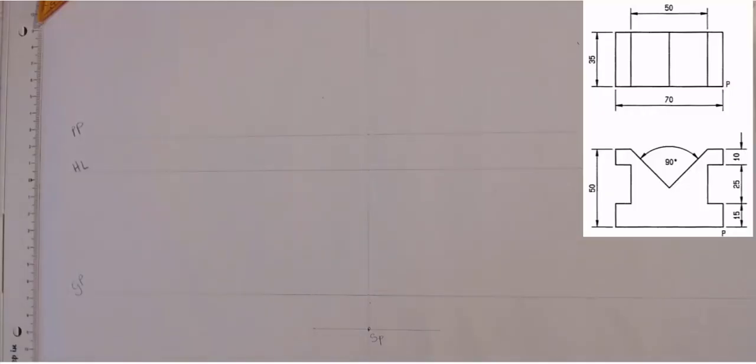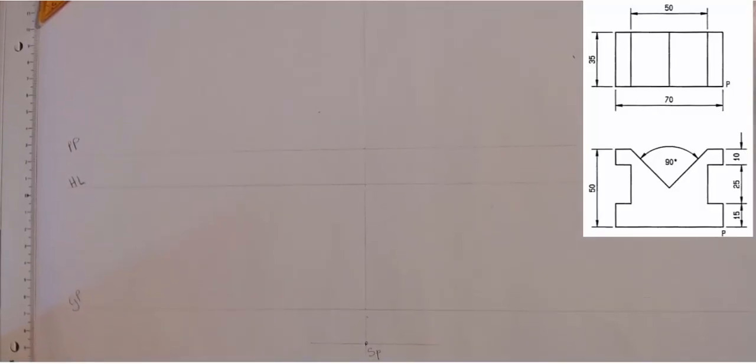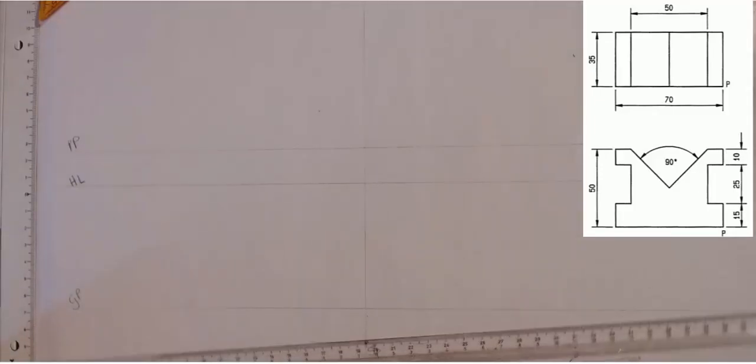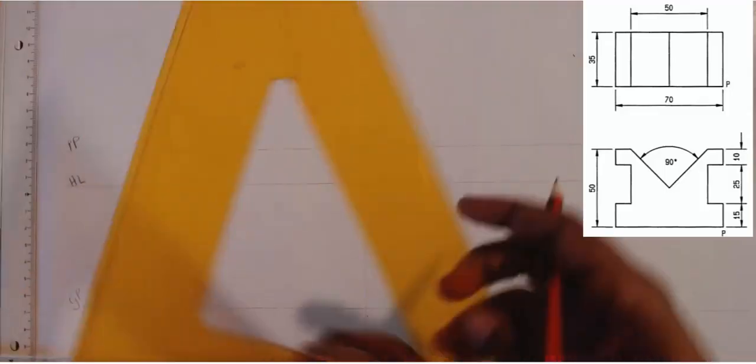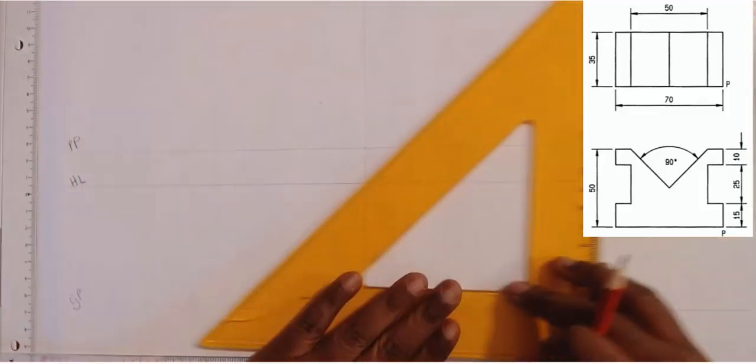Then from here, we can draw the given view, which is the top view. That's what we're starting with. So the top view, we start off with 45 degrees. So it has to be at a 45 degree.